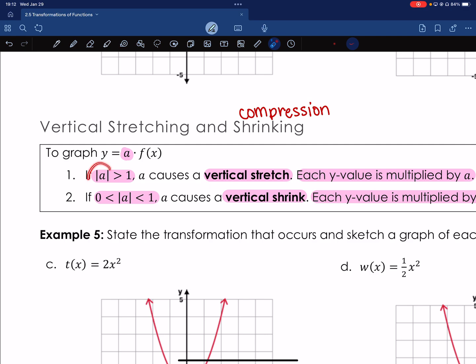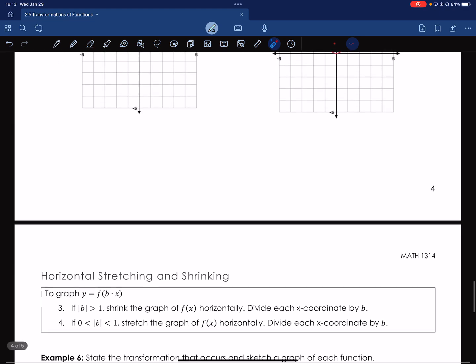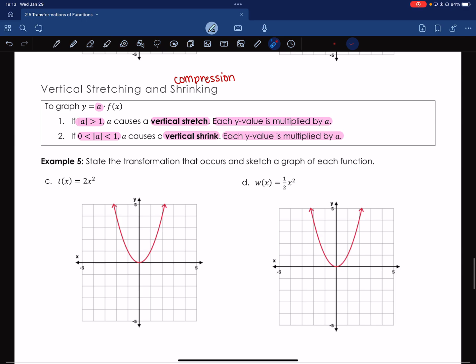So that's why these absolute value bars are right there, because the stretch and shrink come specifically from a positive A value being greater than 1 or between 0 and 1. A negative A value is actually two different transformations if it's like -2 or -3. And I believe I probably put an example in here somewhere that deals with that.